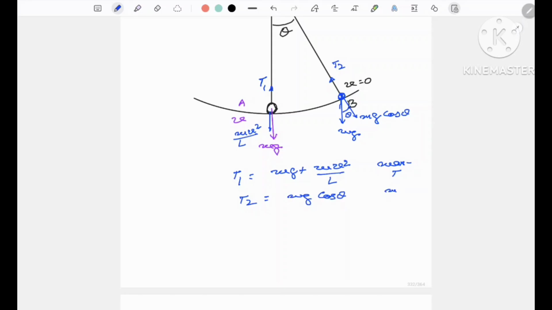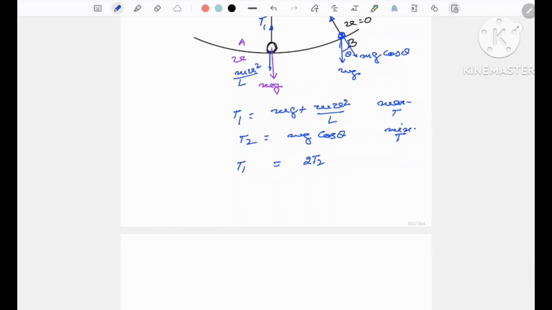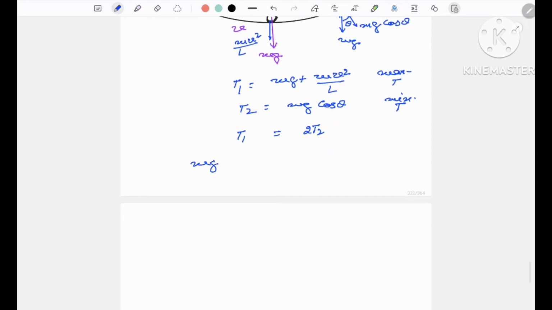This is minimum tension, and condition is given T1 is 2T2. So mg plus mv square by L is equal to 2 mg cos theta. Equation number 1.